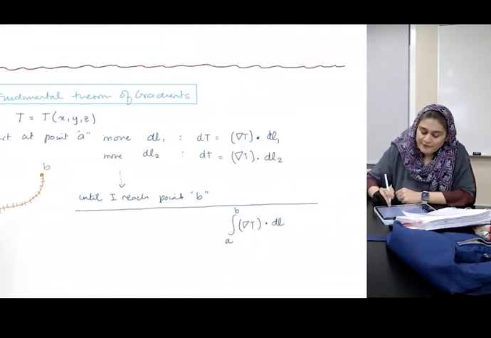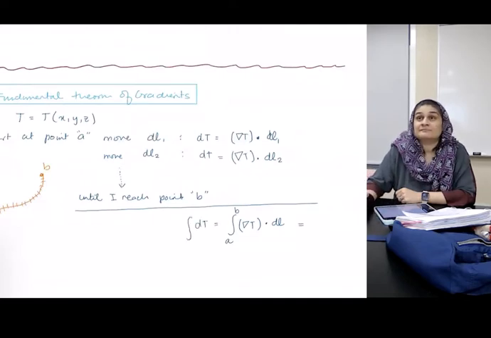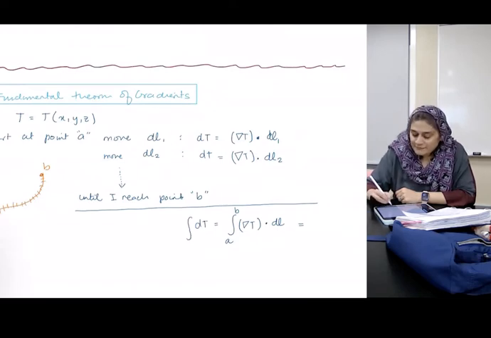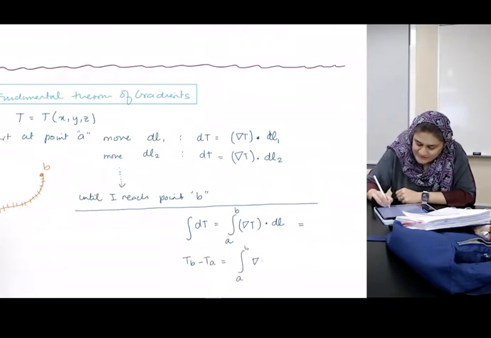And can I further write this, and this is going to be dT, right, on this side? Can I further write this as T_B minus T_A equal to integration A to B of del T dot dL? Oh, sorry, dL should be vectors.